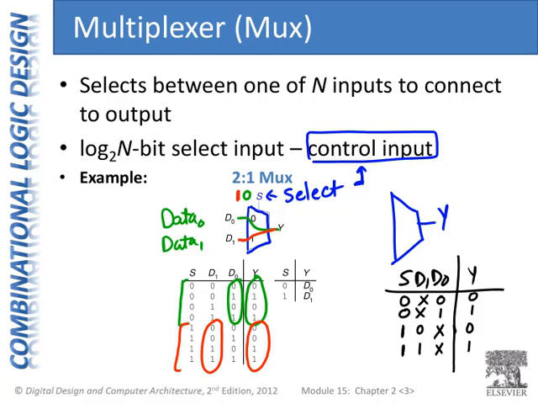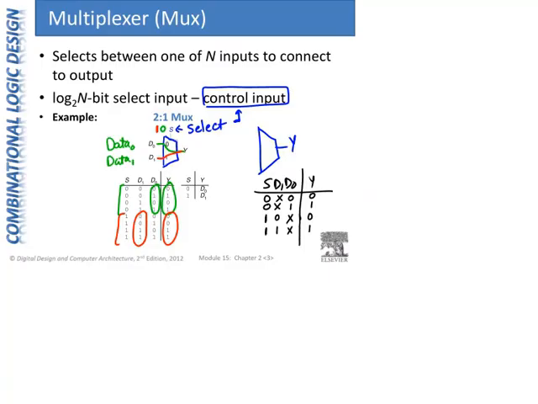How would we build this? Well, we can write sum of products equations, as we've been doing up until this point. We could write it from this truth table, the more condensed truth table, or the even more condensed truth table. I'm going to write it from the intermediately condensed truth table, looking at the ones.